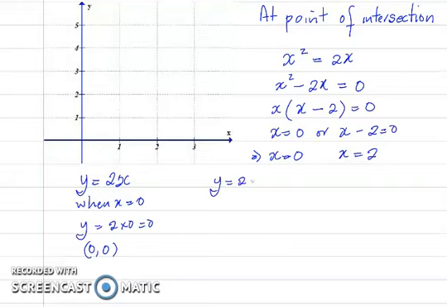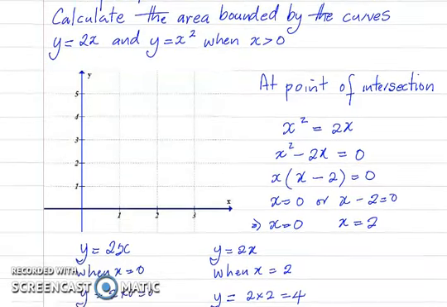Y is equal to 2x, and when x is equal to 2, y would be equal to 2 times 2, which is 4. So 2, 4 is another point of intersection. So these are my 2 points of intersection, 0, 0, and 2, 4.